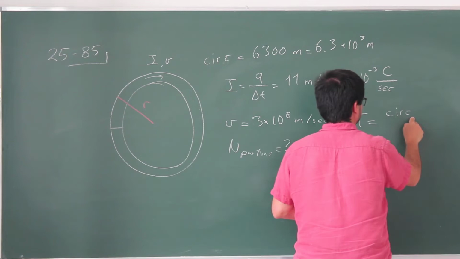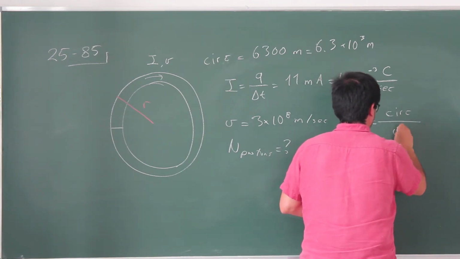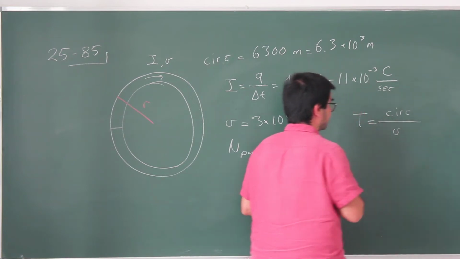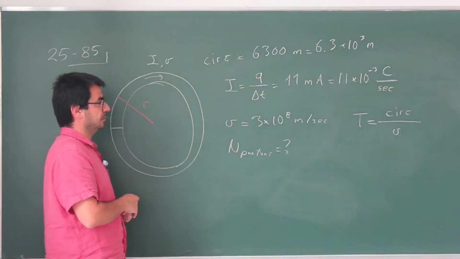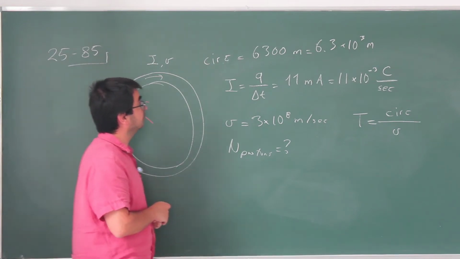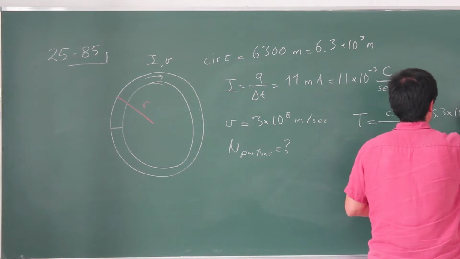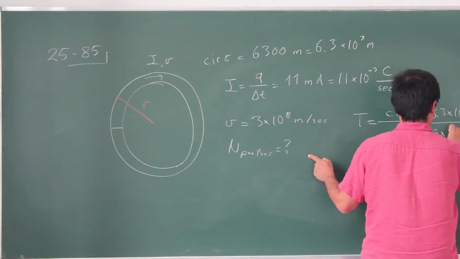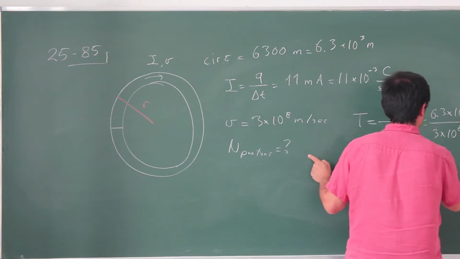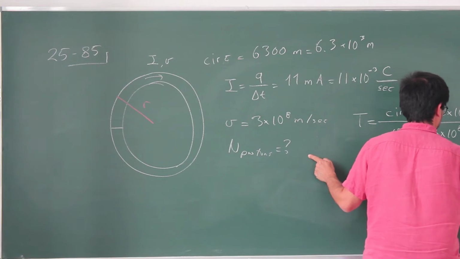So it's going to be the total distance traveled divided by the velocity. Okay? So the circumference length divided by velocity is going to be the period that it takes for these protons to go around, and this is 6.3 times 10 to minus 3 divided by 3 times 10 to the 8. This comes to 2.1 times 10 to minus 11 seconds.